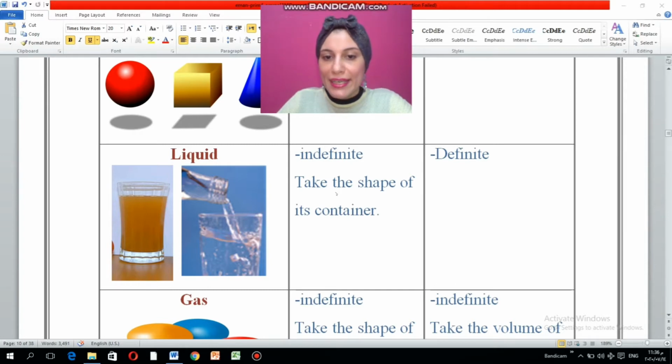So it takes the shape of its container. Okay? It takes the shape of its container.